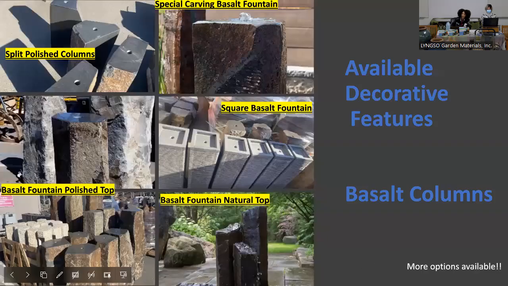We also have columns. Most of these are also basalt. Again, these are just a few of the options we have available. We have natural top, polished top, and different types of towers that have special carvings in them as well. All of our water features vary from a foot or less up to 6 feet tall.